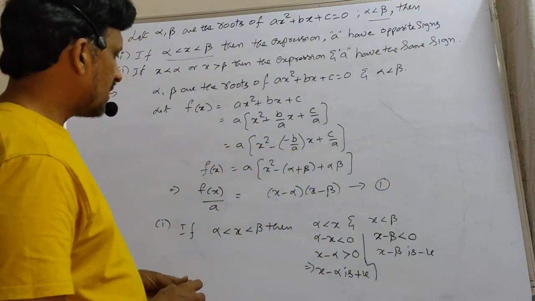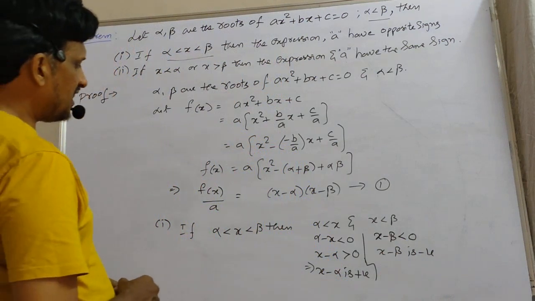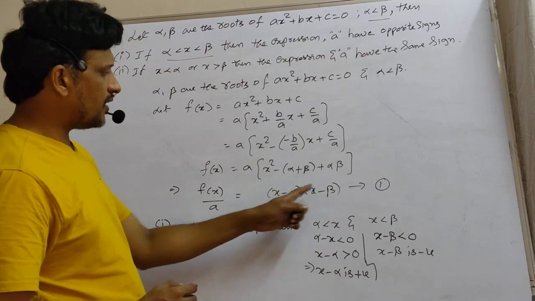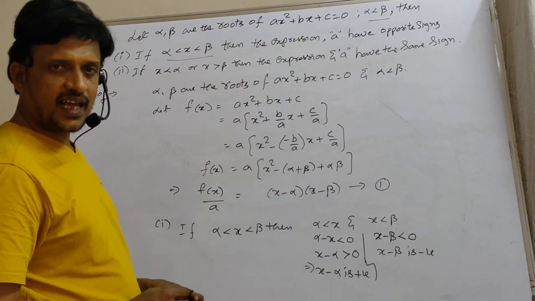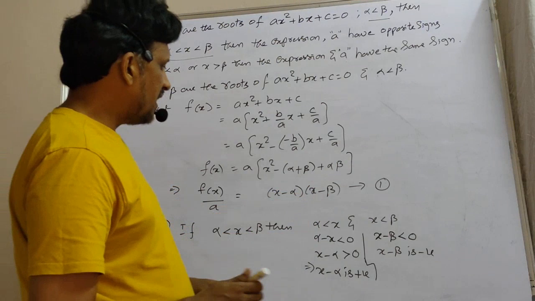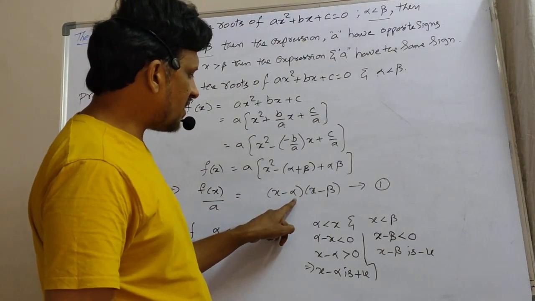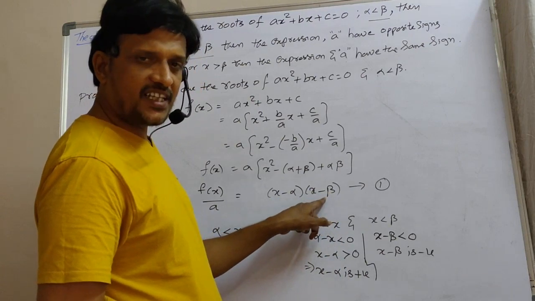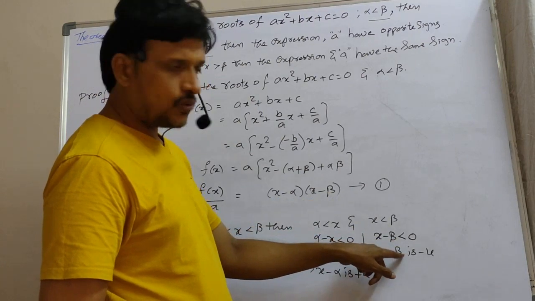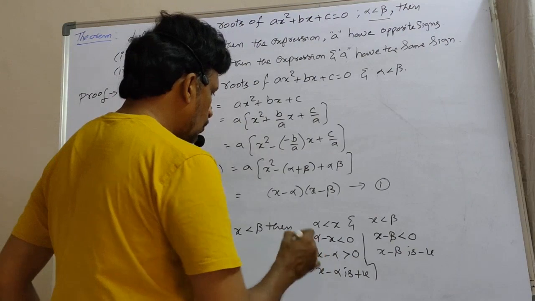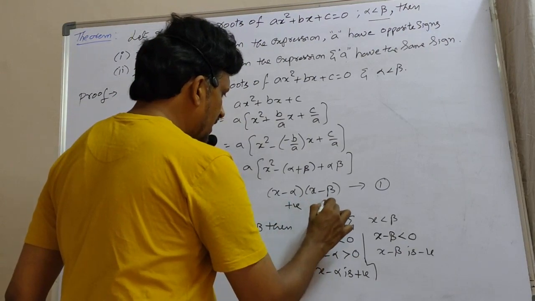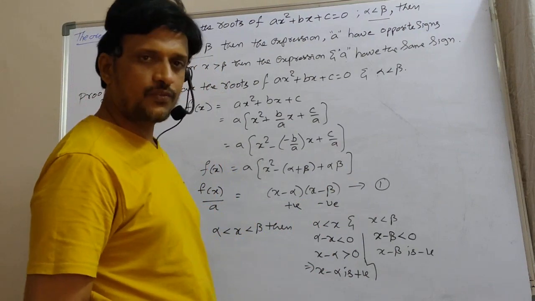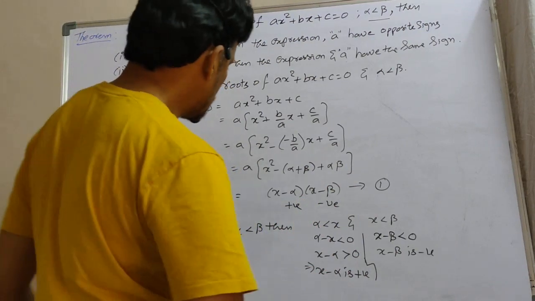So here, from the first equation, the value of f of x by a is equal to the product of two terms, x minus alpha and x minus beta. Here the first term x minus alpha is positive and the second term x minus beta is negative. So you are multiplying one positive and one negative term, so the result will be negative.